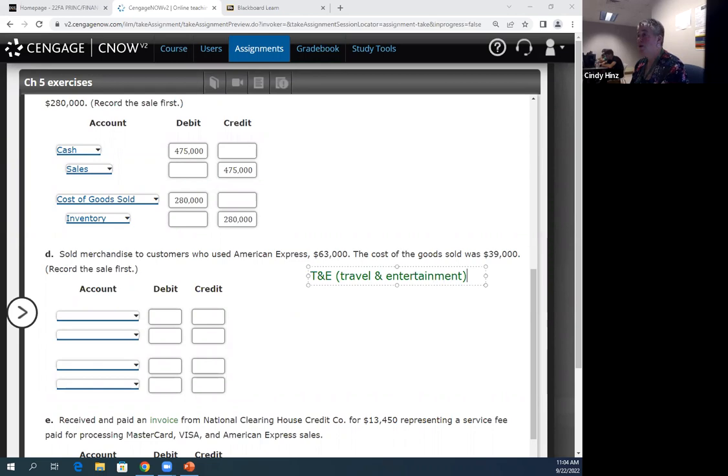The reason is that the fees on American Express are higher than on a Visa or MasterCard, so the fees the company has to pay for accepting American Express are higher. And the reason American Express did that is because, for a Visa or a MasterCard, the company is making money both from the person who uses the card to buy something because, if you don't pay it off, they're collecting an interest charge from you.